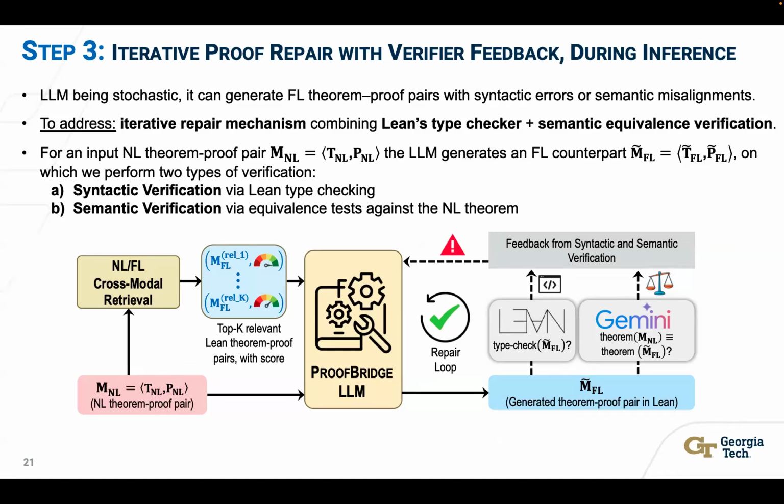You're sending back a second query to the LLM saying, here are the errors that we found in the proof during type check and semantic check, please correct them, and so on. We do up to 5 iterations of the repair loop, and if it doesn't get it right, we give up.